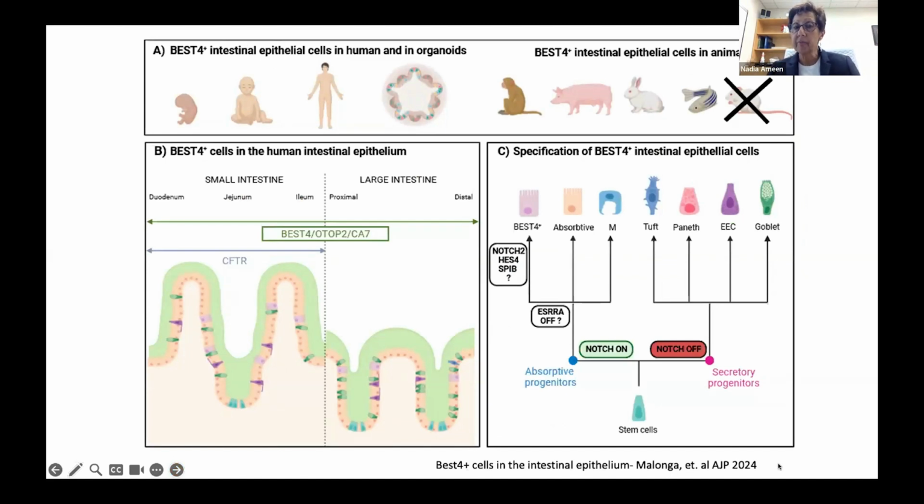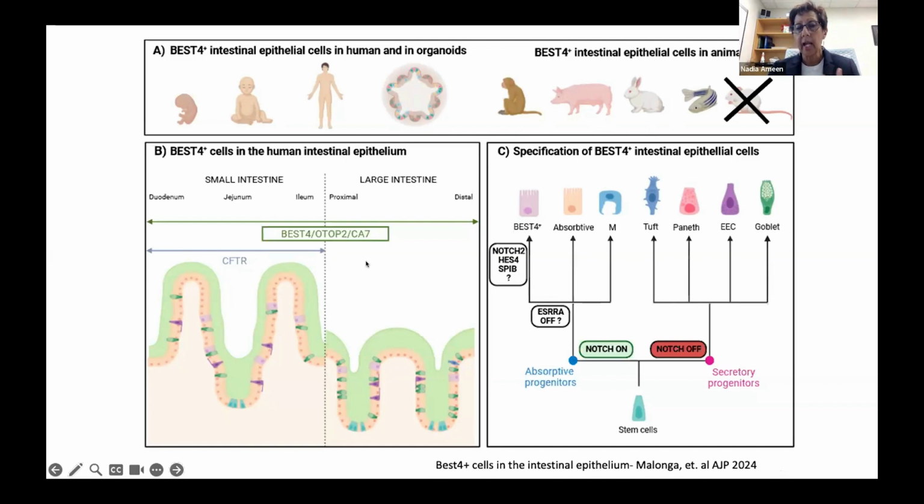These cells exist all throughout the gastrointestinal epithelial tract, in the proximal and distal intestine, and in several different species, including monkeys, pigs, rabbits, and fish, but they're not in mice. Similar to what I published before about the CFTR high expressor cells.